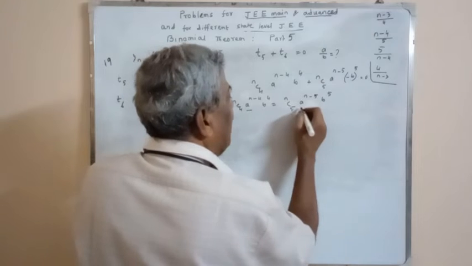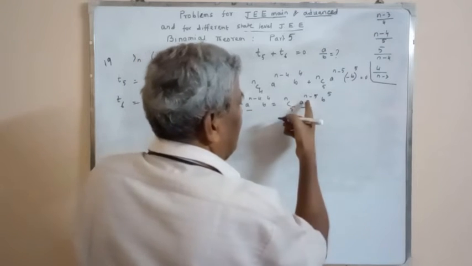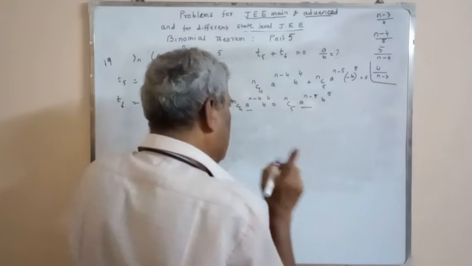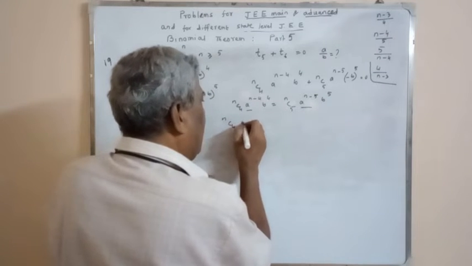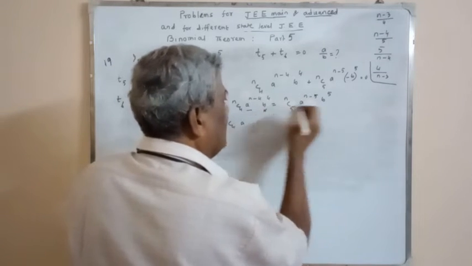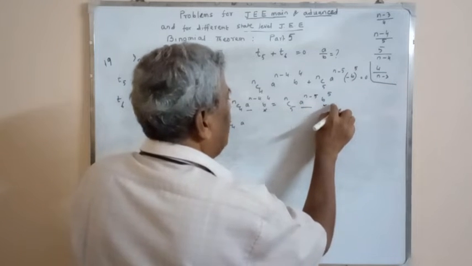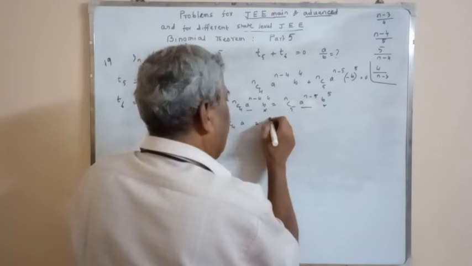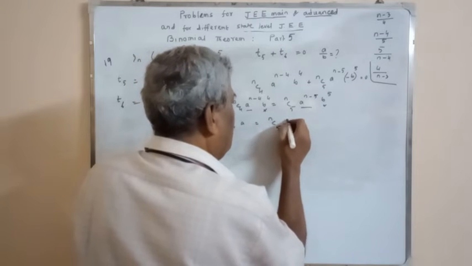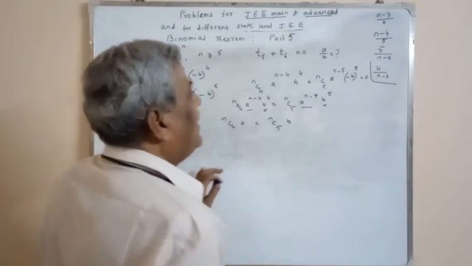Cancelling this and that, a to the power n minus 5 will be cancelled. So actually nC4 into a, and between this and that b will be there. So it is equal to nC5 b.